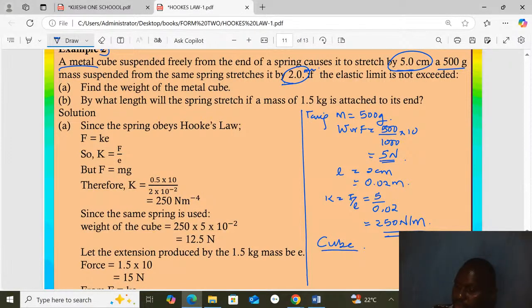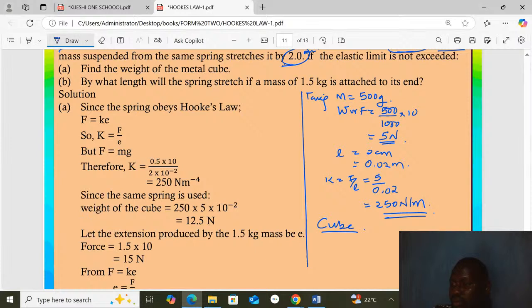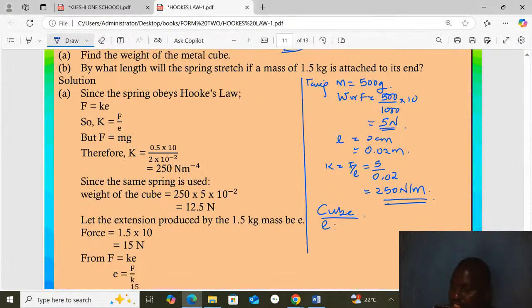When we are having the cube, we have an extension of 5 centimeters, and this is equivalent to 0.05 meters. The K which you have gotten there will be 250 Newton per meter.